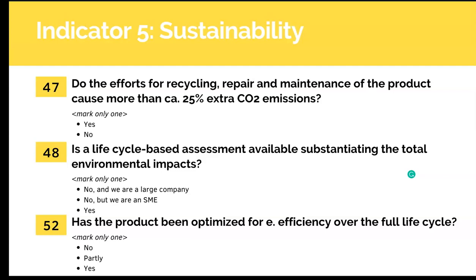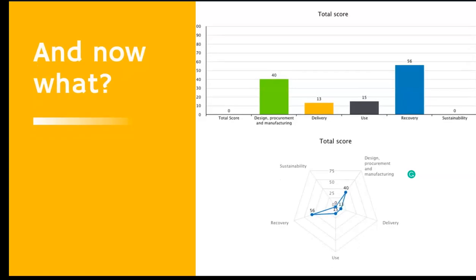So after we've gone through all of these questions, you might ask, what comes next? When you're using the online version of the tool, and you'll see in a bit how to access it and how to use it, you will receive a visual representation of the score. So you will have the various categories visualized like this.